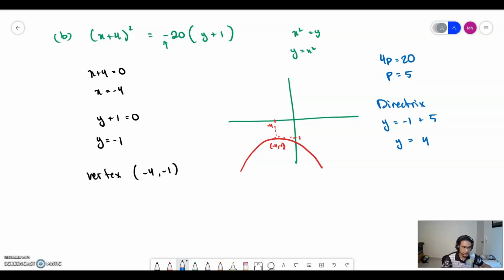This is the equation for the directrix. And then for the focus, we take the coordinates of the vertex, negative 4, negative 1, then minus 5. So negative 4, negative 6. This is the position of the focus, negative 4, negative 6.